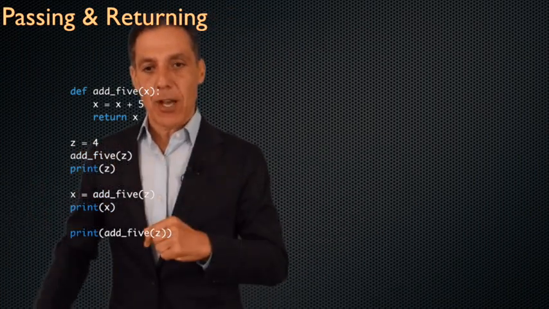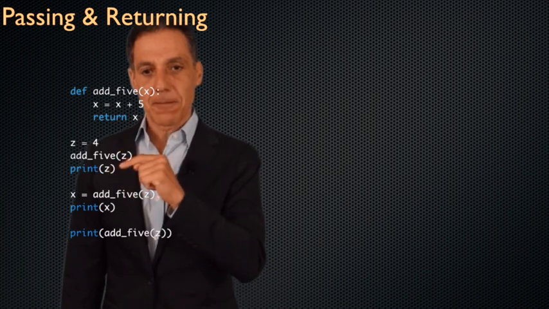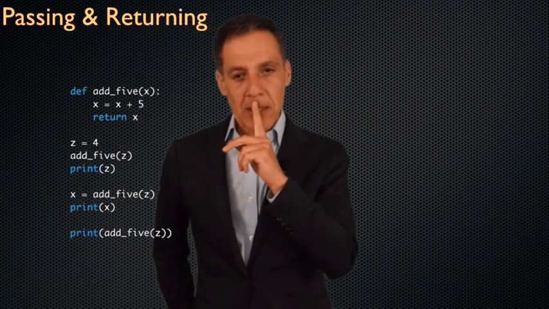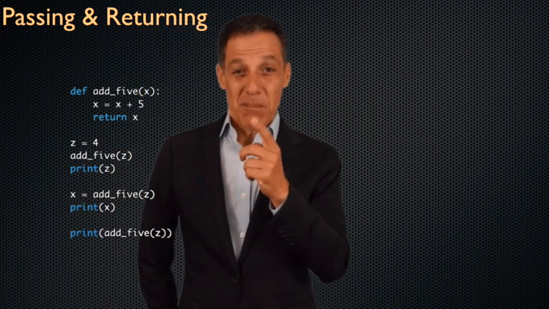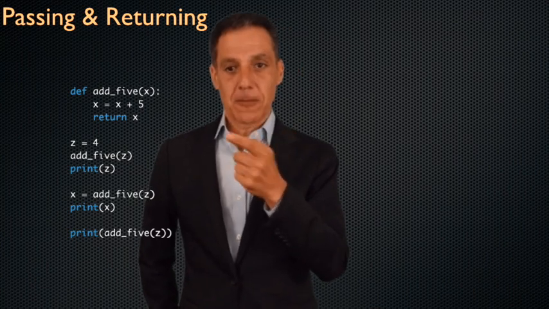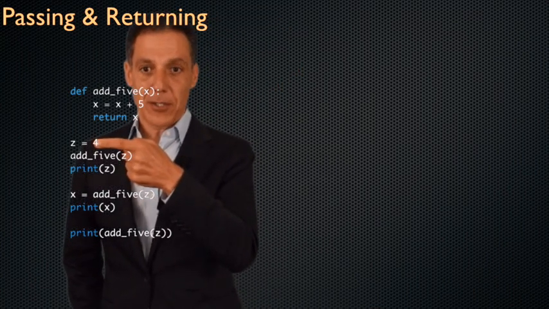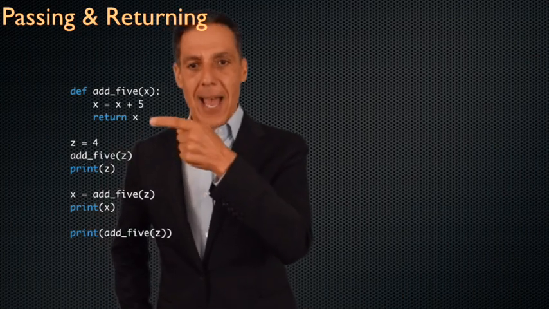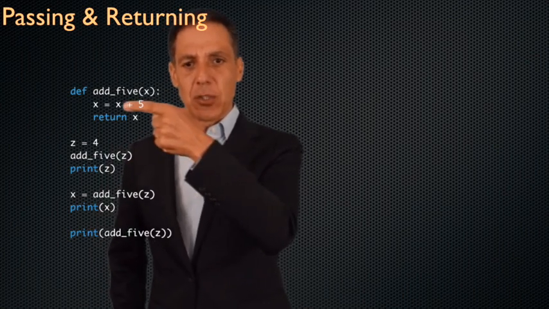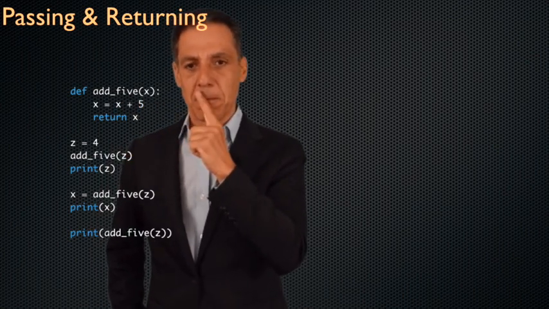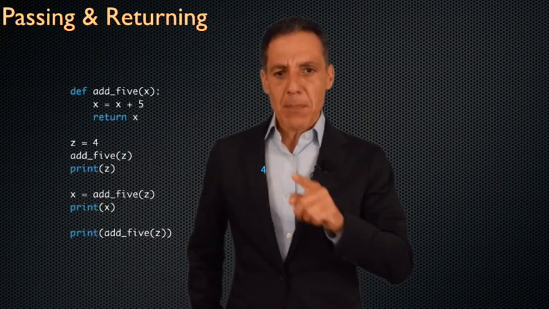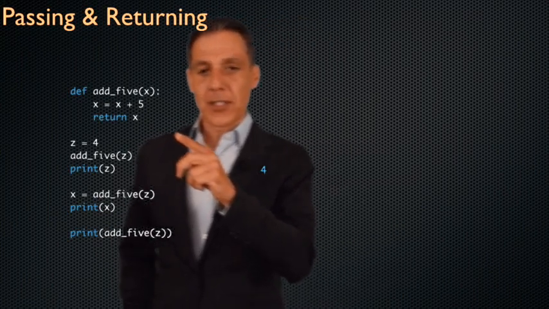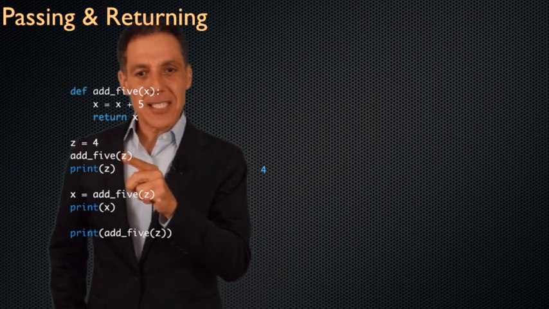But now ask yourself, what happens when I print z? What is going to come out? Okay. So think about it for a second. There's probably 2 reasonable answers. It's either 4, because that was the value I assigned here, or it's 9 because I added 5 to the value that I passed in. But again, remember, the answer is 4, of course, because I'm not passing z in.